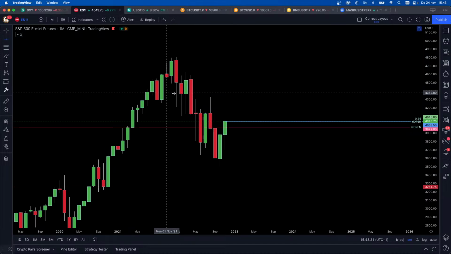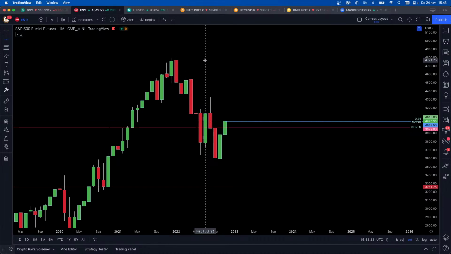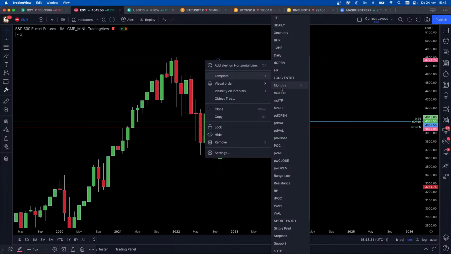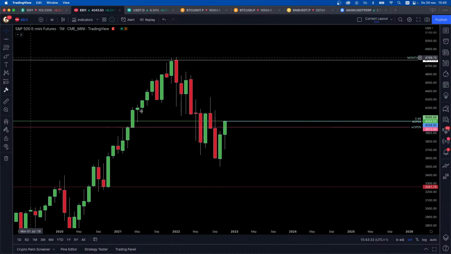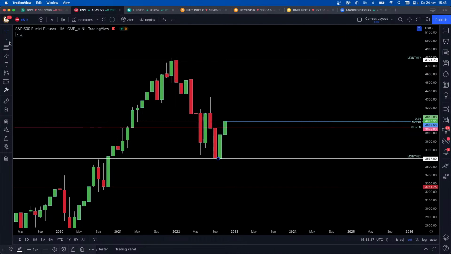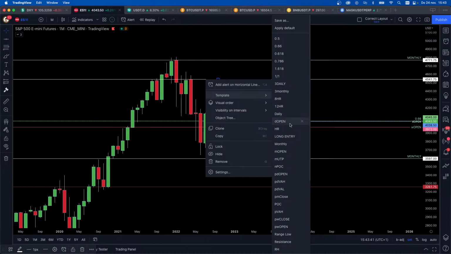Basically start on a monthly level, look for some important monthly resistance and support. So in here we have a monthly level, and in here we have an untapped monthly level, and over here we have an untapped monthly level.